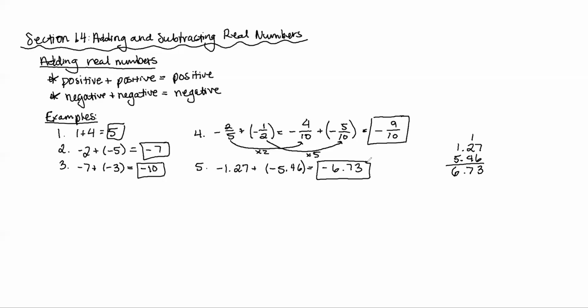All right, so the one that's a little bit trickier is when you're adding a positive and a negative. And so if you add a positive and a negative, this is going to depend on the sign of the larger number, or the absolute value of the larger number.